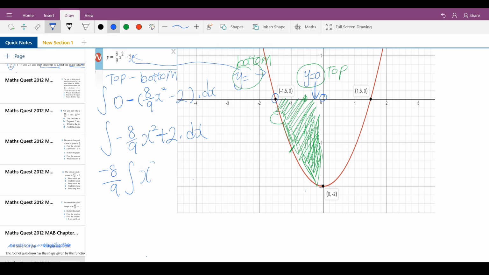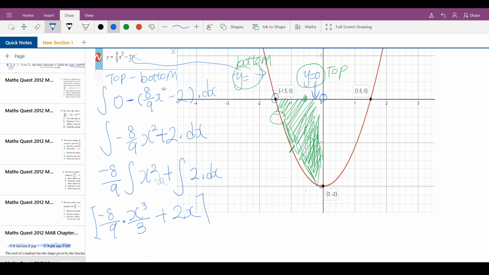We can separate them, like I always do, so that's a little dx over here and a dx over here as well. So negative 8 over 9, and this is still x squared, sorry, my bad. When we integrate it, x squared becomes x to the power of 3 over 3, the power raised by 1 and divided by the new power, and we just multiply by these two. Then plus 2x over here.